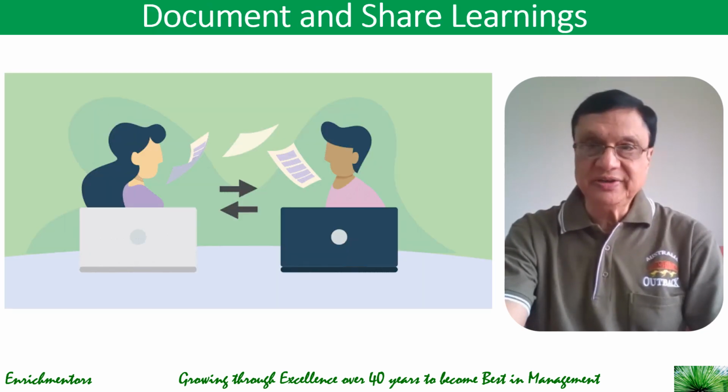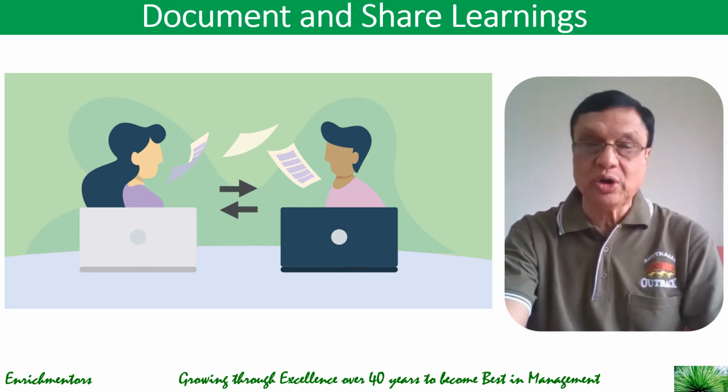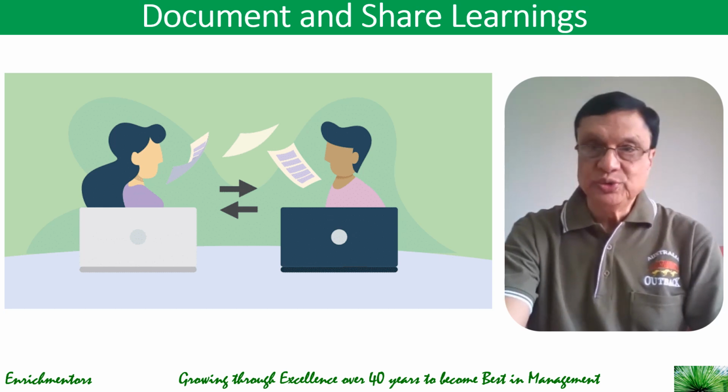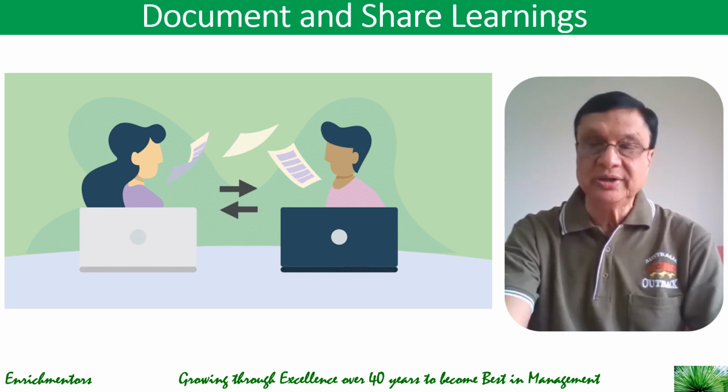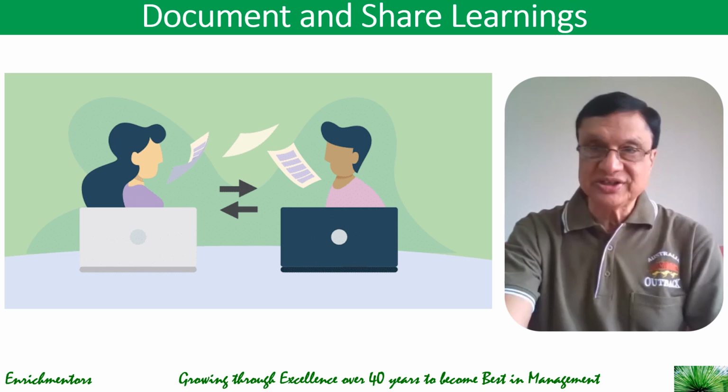Record key takeaways from each retrospective and share them with relevant stakeholders for broader organizational learning. You can use a retrospective board, a shared document, or internal communication tools to document what was discussed and what actions were to be taken or were taken.